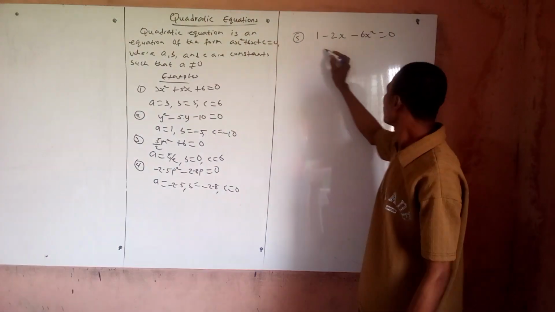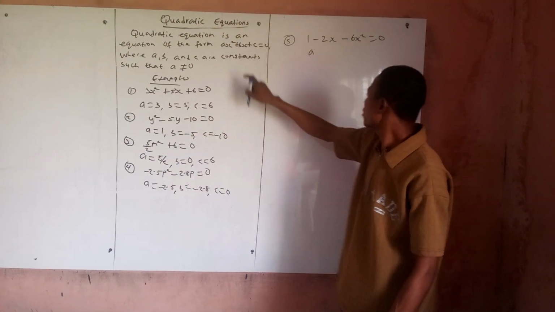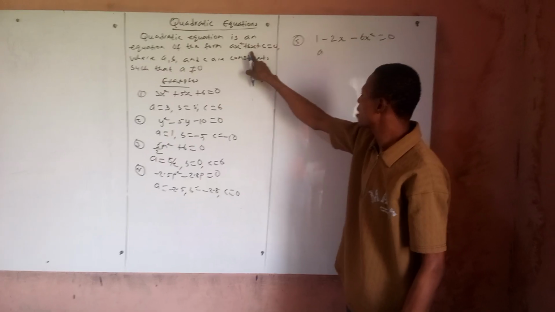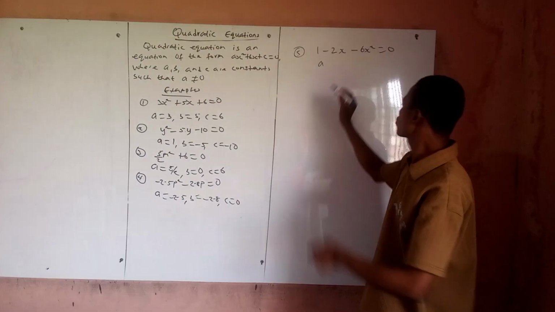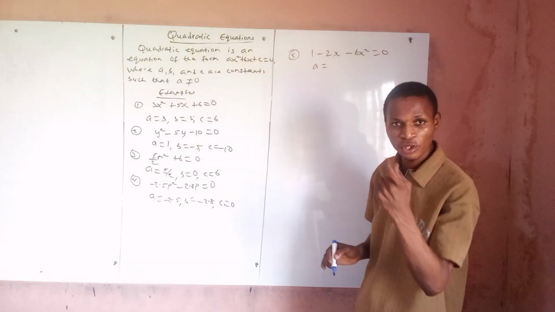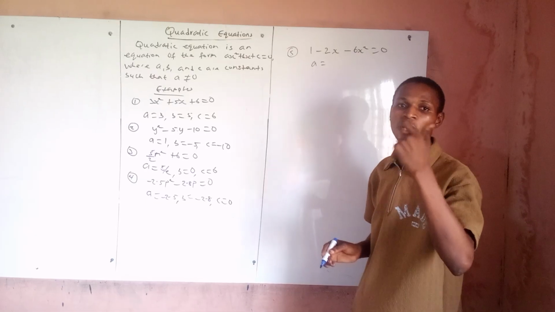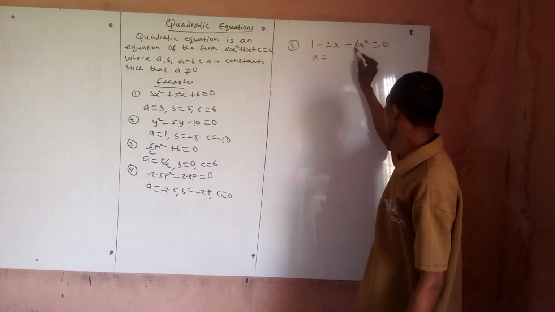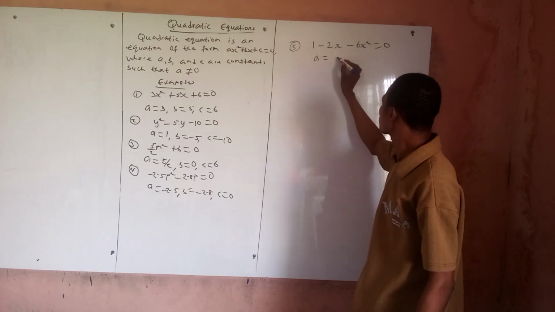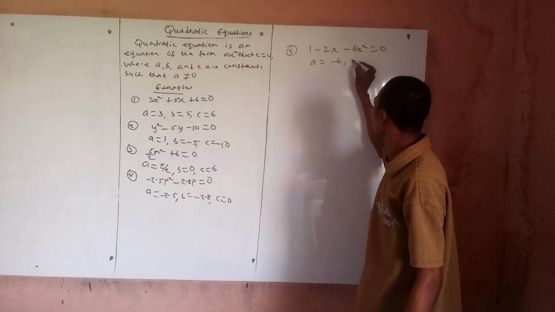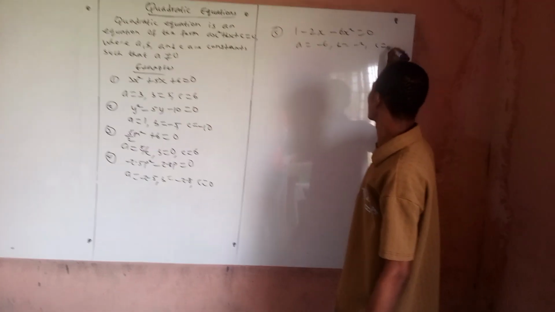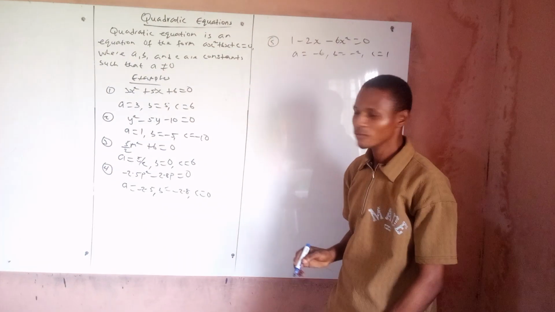If you compare this with the general form, it's like c plus bx plus ax squared, just flipped. Your a is always the coefficient of the variable with the power of 2, which is x squared. So the coefficient of x squared is minus 6. Hence your a is minus 6. Your b, the coefficient of x, is minus 2, and your c is 1.